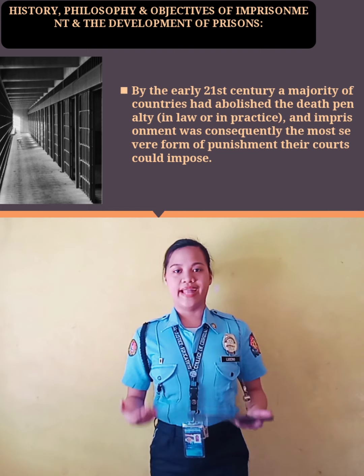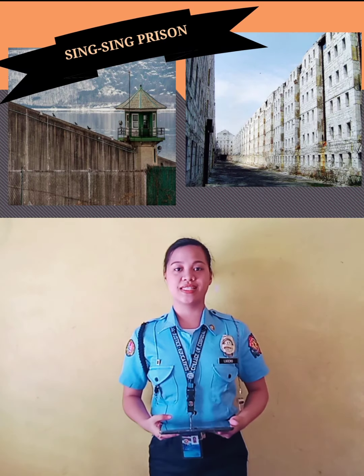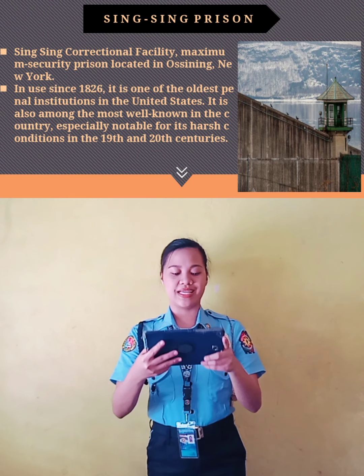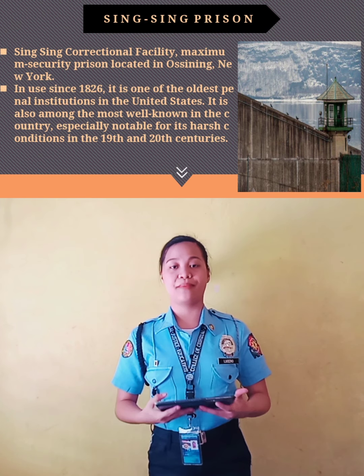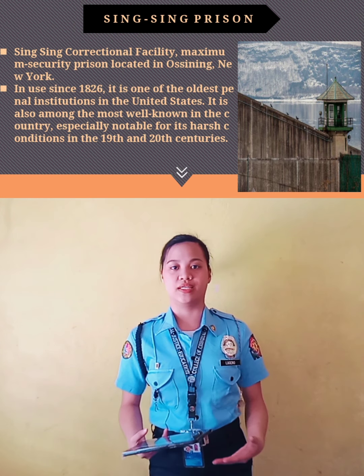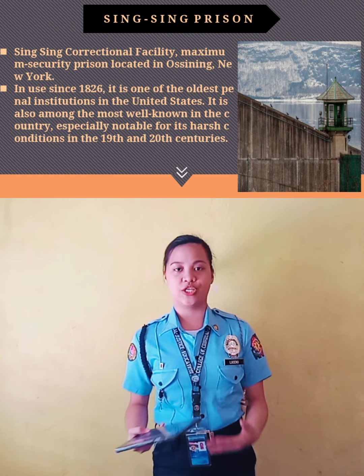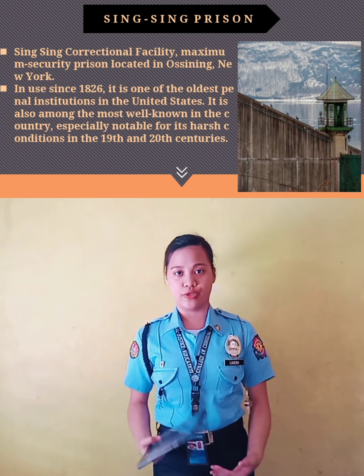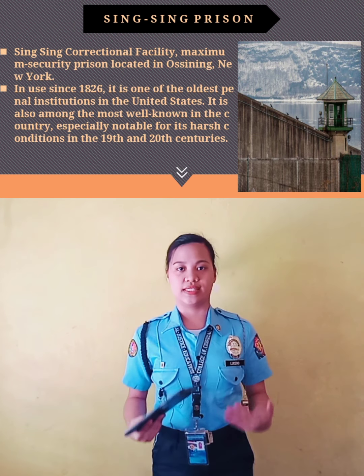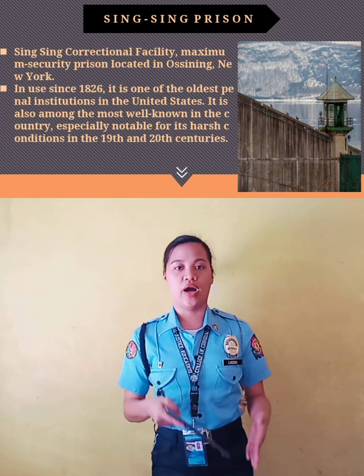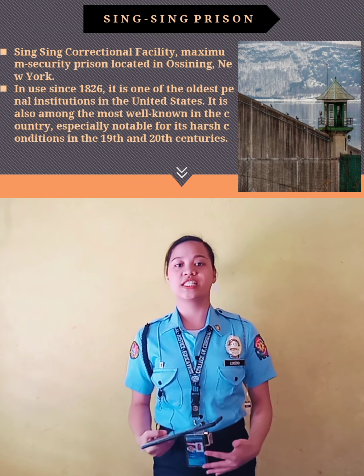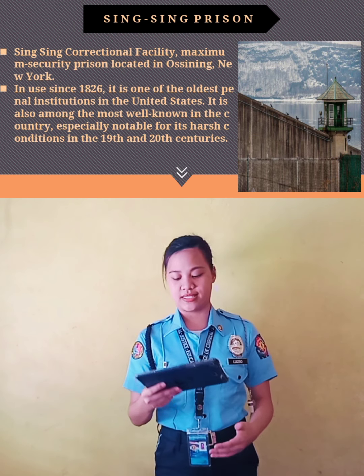Now I will proceed with Sing Sing Prison. Sing Sing Correctional Facility is a maximum security prison located in Ossining, New York. It has been in use since 1826. It is one of the oldest penal institutions in the United States.